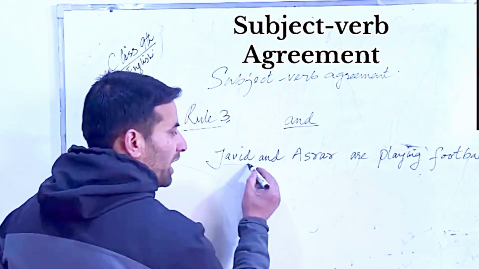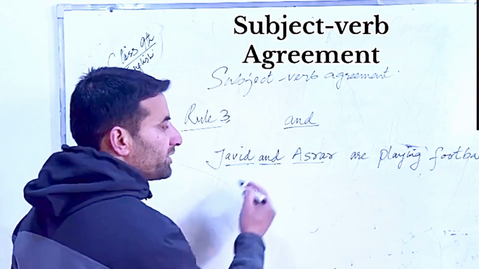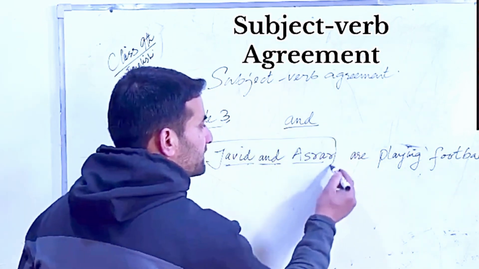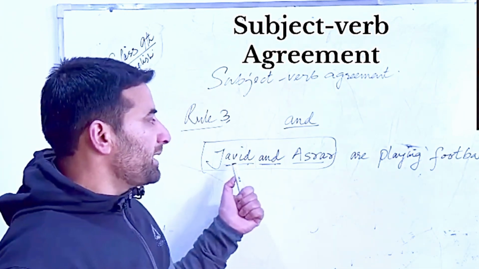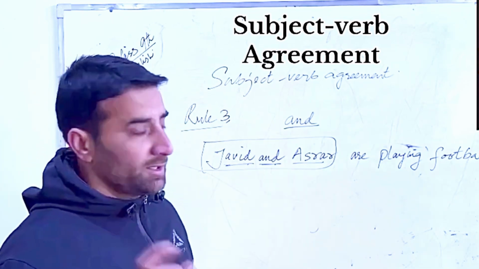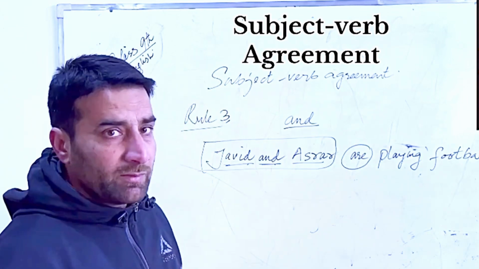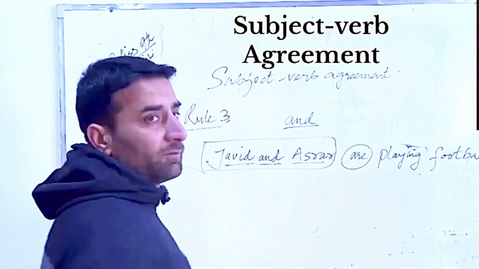Important thing is that Javed and Asrar, these are two persons combined with a conjunction that's called and. So this whole is called subject, but this is compound subject. These are basically two persons, Javed and Asrar. And the corresponding verb, talking about here the helping verb, it is plural. Javed and Asrar are playing football.